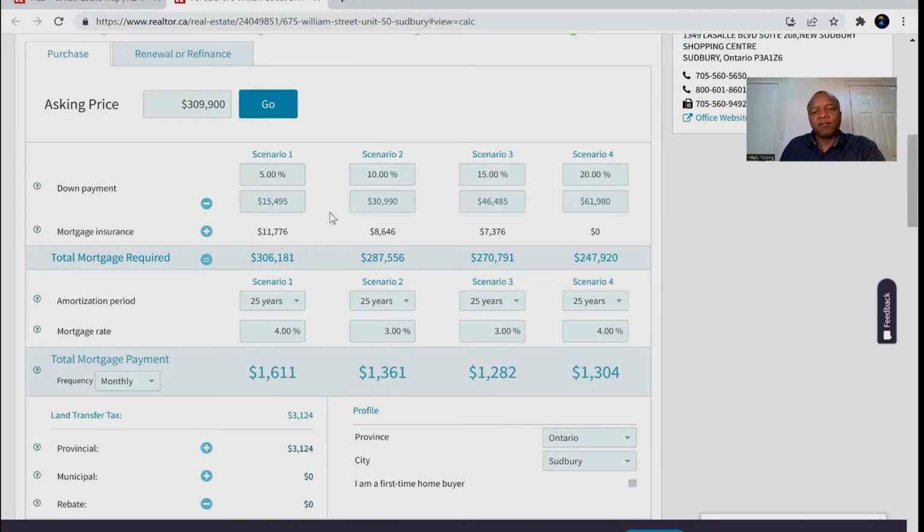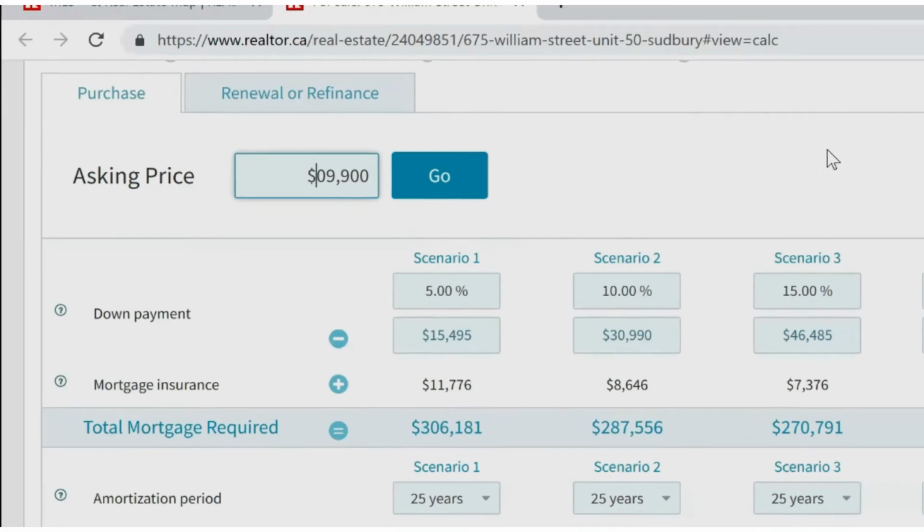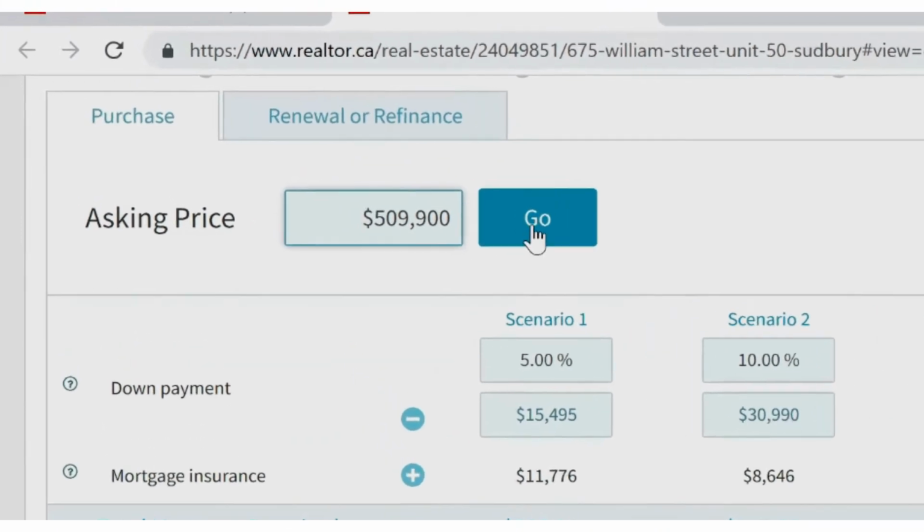It's very important for you to understand how to do this calculation, because at least you will know what to budget for your housing costs. You can do this for any house. Let's say, for example, instead of the house price being $300,000, let's say the house price is $500,000. What would be the mortgage?